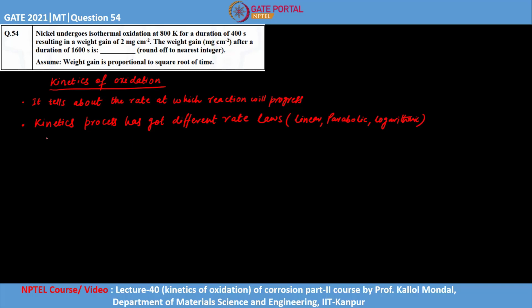And these laws are specific to some metals. So the important point here is that for different categories of materials, they follow different rate laws, which we need to keep in mind.